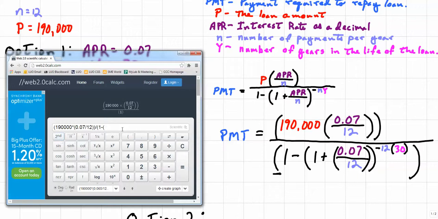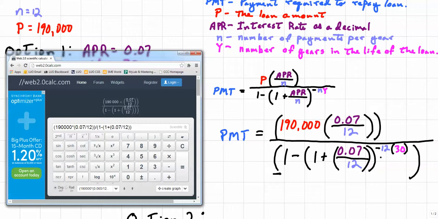And then on the inside of this set of parentheses we have 1 plus, open parentheses again so I can do the division, 0.07 divided by 12. I'm going to close those parentheses, and then close again, because there's a set of parentheses right here and right here. That's the outer set, and now it's the inner set right here.